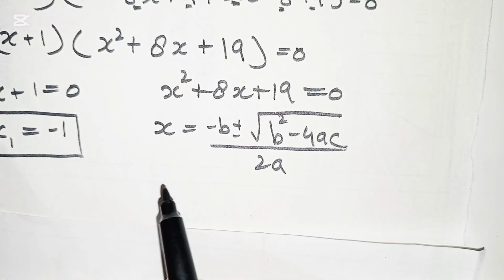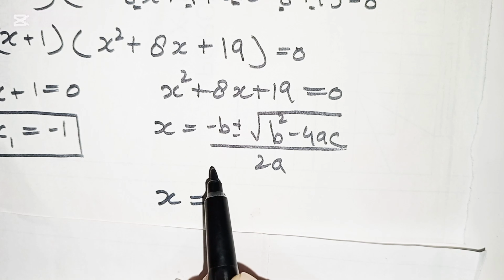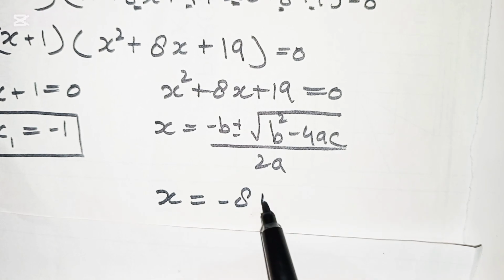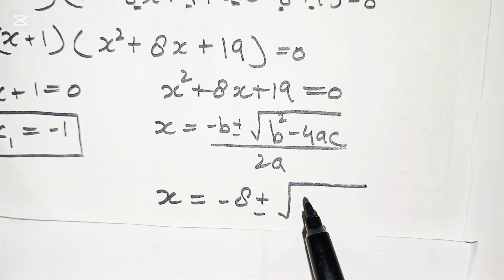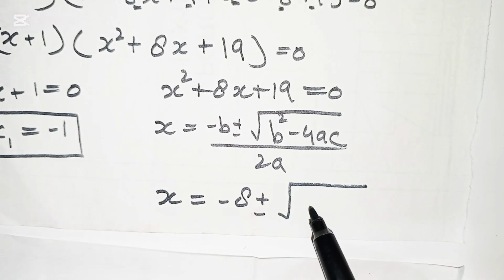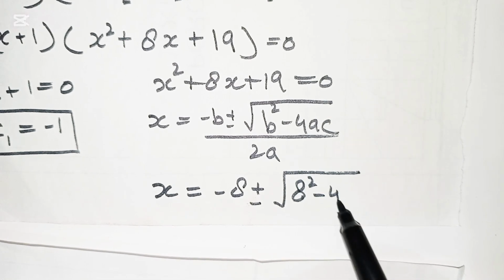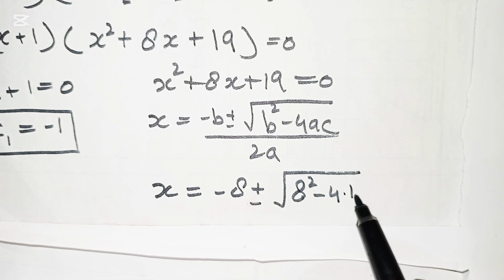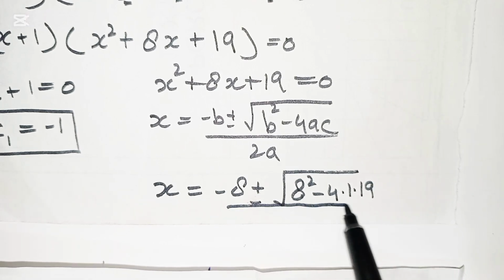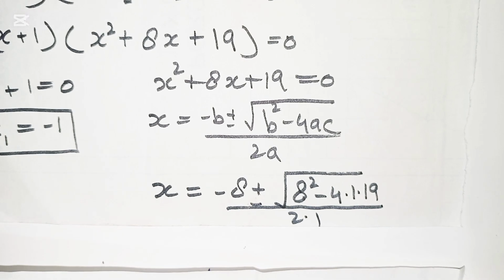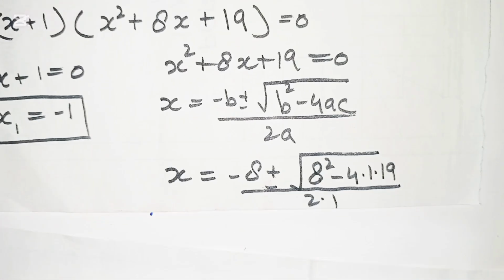And now here we put the values into this formula. x is equal to minus b, which is minus 8, plus minus square root of b squared, which is 8 squared, minus 4 times a which is 1 and c which is 19, over 2 times 1. And now here we solve this.